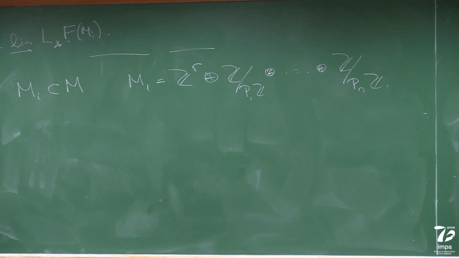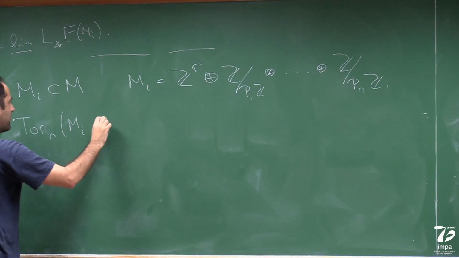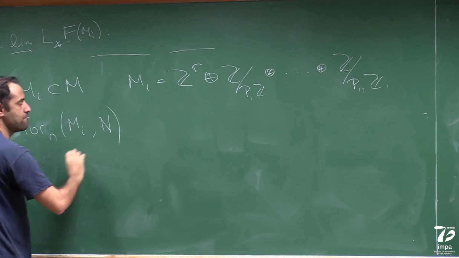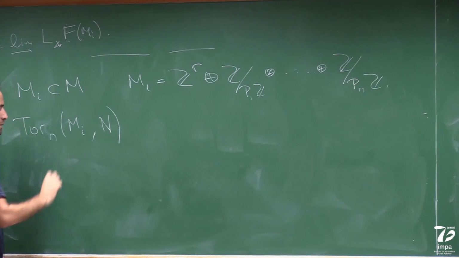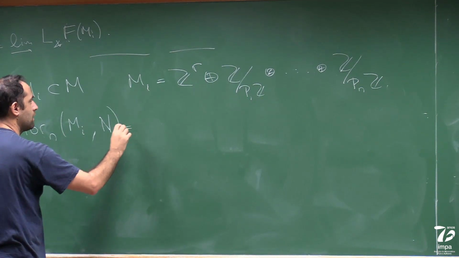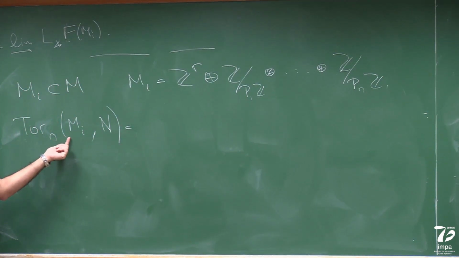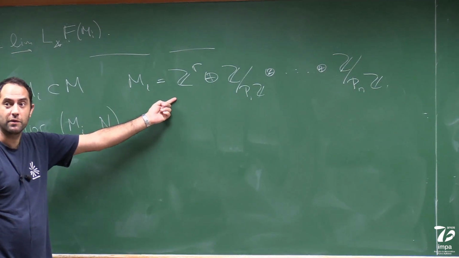And again, the Tor_n of M_i with coefficients in N, this Tor group is the sum, because Tor commutes with arbitrary directed colimits. In particular, it commutes with direct sums.